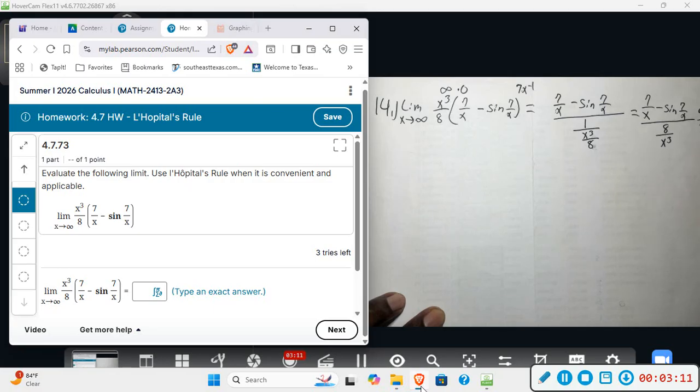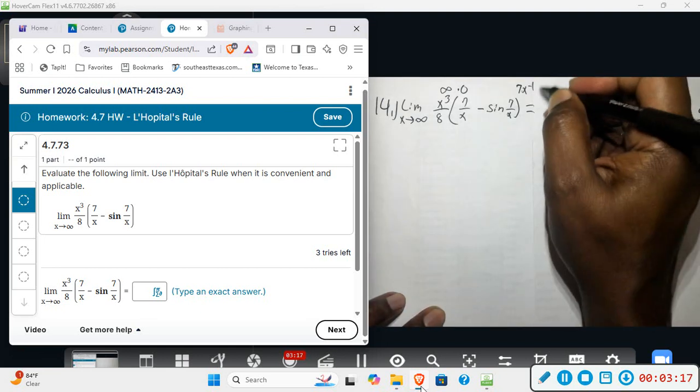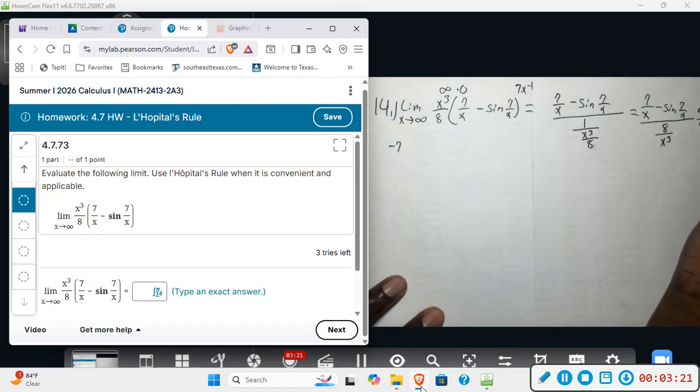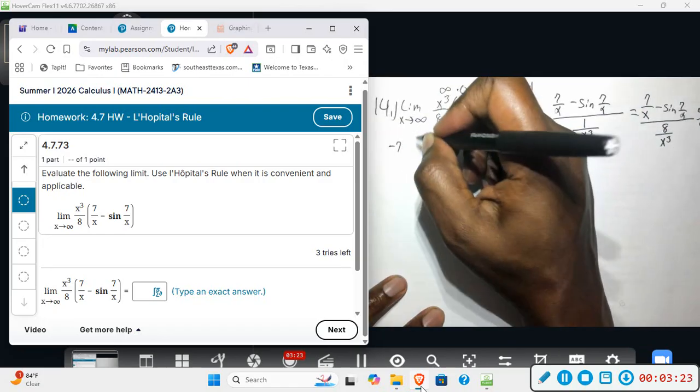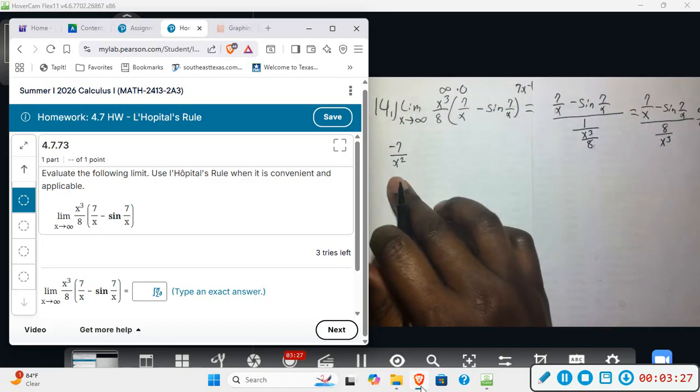I want to use power rule, but it's going to end up with the extra power in the denominator. So multiply by negative 1, so that'll give me a negative 7. And then subtract 1 from the x, so that'll be x squared. I'm going to put it on the bottom.